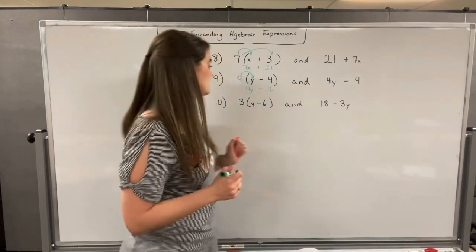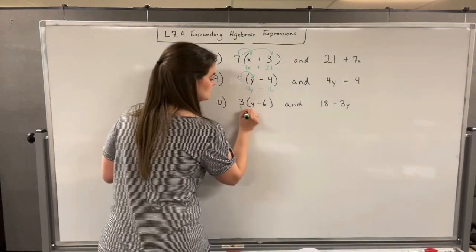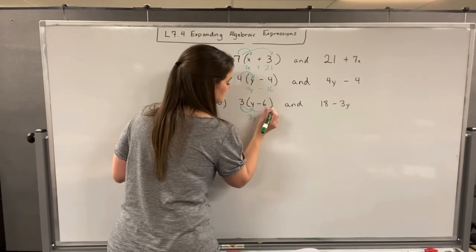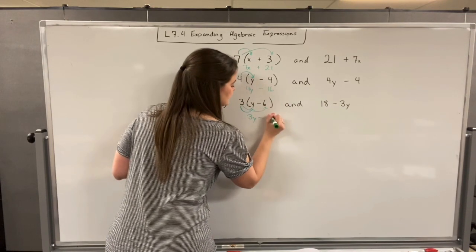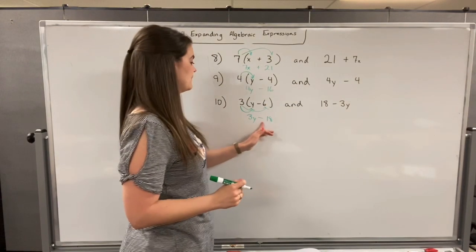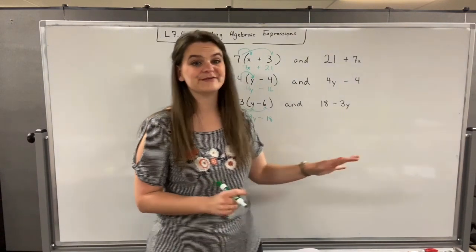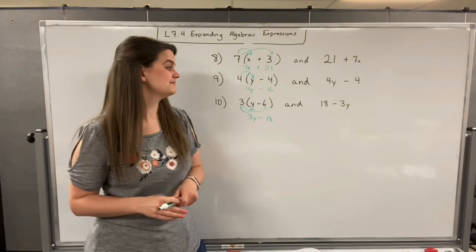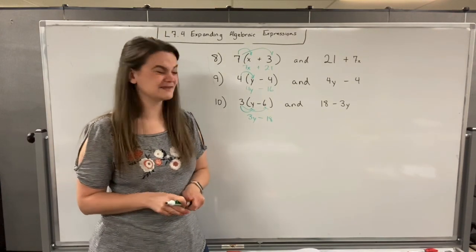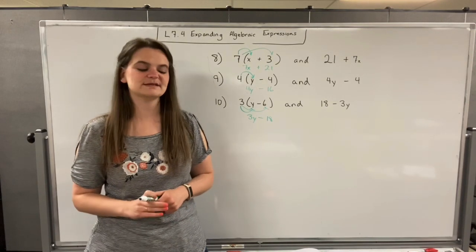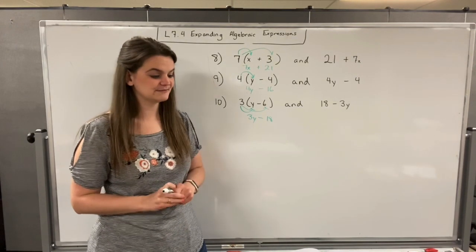Number 10, 3 times y is 3y, and 3 times 6 is 18. So 3y minus 18 and 18 minus 3y. Are those equivalent? No, they're not, because subtraction does not have a commutative property. The order does matter in subtraction, so we can't switch that order around.